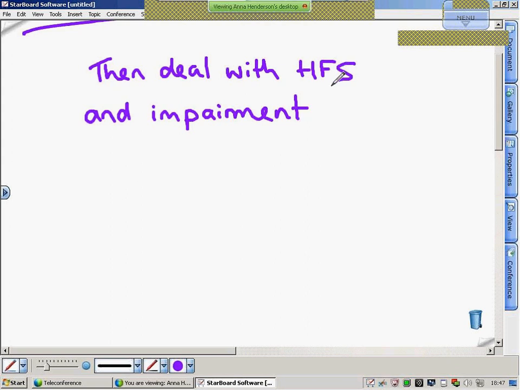The first thing I would personally deal with is the held for sale. So let's get cracking on that one. With held for sale then, we've got 2 things that we need to do.